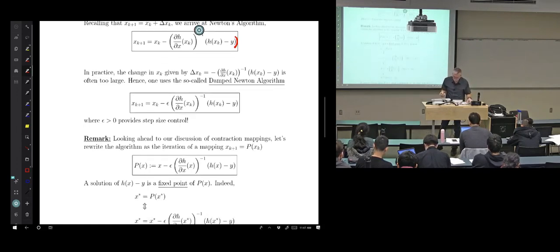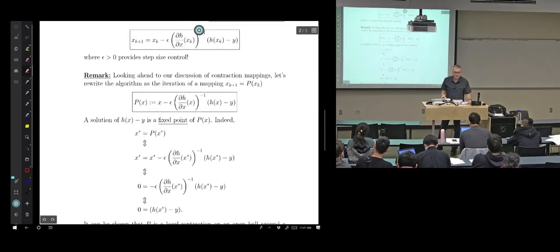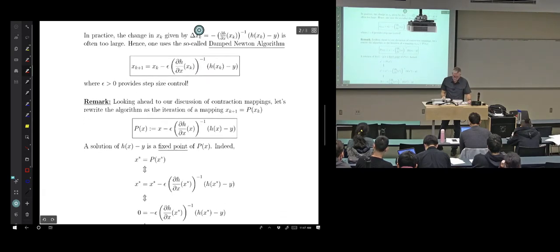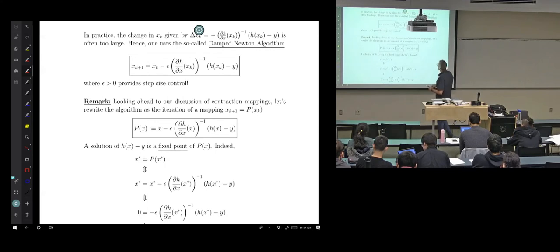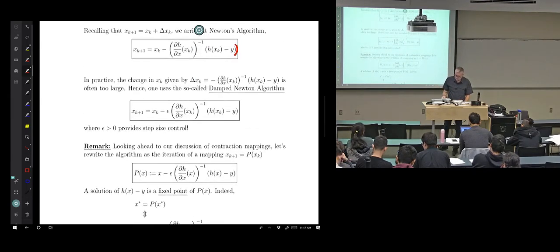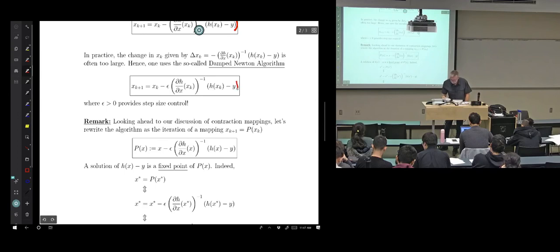So that's pretty cool, using Lyapunov functions. Okay, so there's the Newton-Raphson algorithm, and if you don't use step size control and you start far away, it will systematically fail.